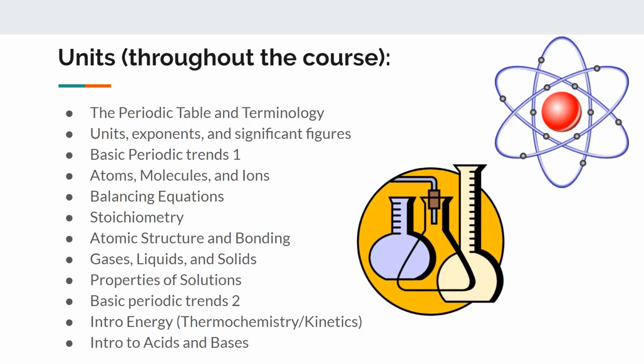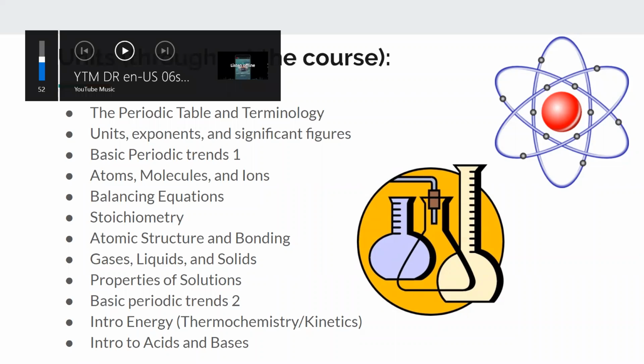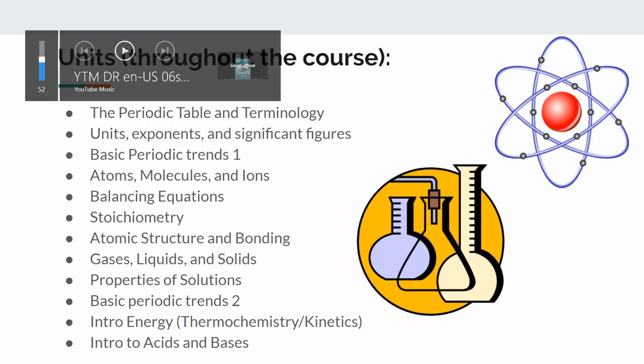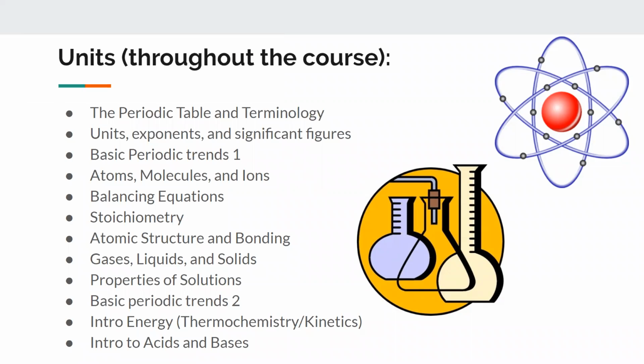Later on, we'll be learning about basic periodic trends, atoms, molecules, and ions. We'll be balancing equations. We'll do stoichiometry, and then atomic structure and bonding, gases, liquids, and solids, basic properties, and then periodic trends part 2, intro to energy, thermochemistry, kinetics, all that good stuff, and then intro to acids and bases.